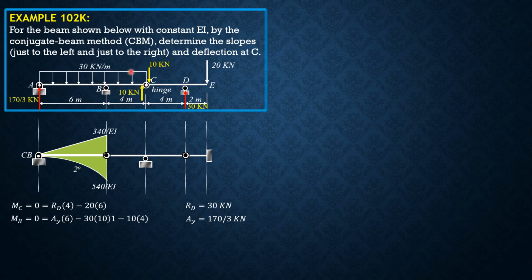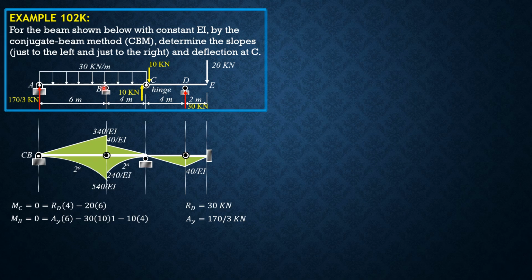Moment of this uniform load about B, 30 times 4 times 2, 240 second degree, 240 over EI. Then 10 times 4, we have 40 over EI here. Then at D, 10 times 4 is 40 over EI, negative. And 20 times 2 is 40 over EI also, triangle. So that's the figure.